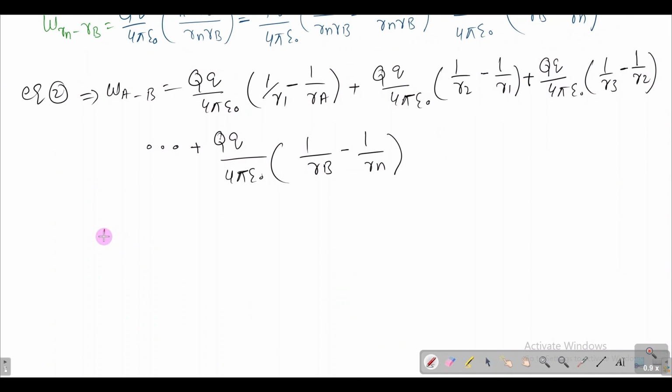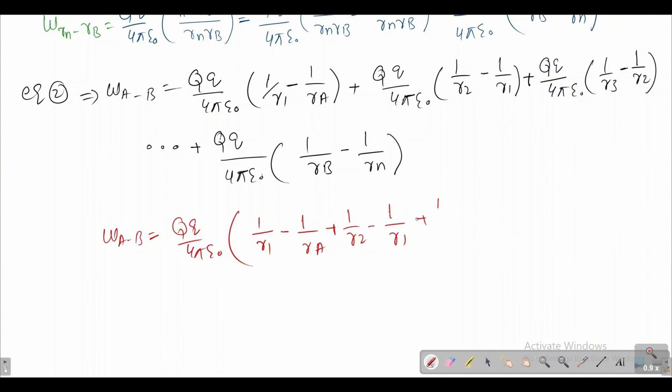So the work done from A to B is Q by 4 pi epsilon naught times: 1 over R1 minus 1 over Ra, plus 1 over R2 minus 1 over R1, plus 1 over R3 minus 1 over R2, and then, taking a large number of steps, plus 1 over Rb minus 1 over Rn.